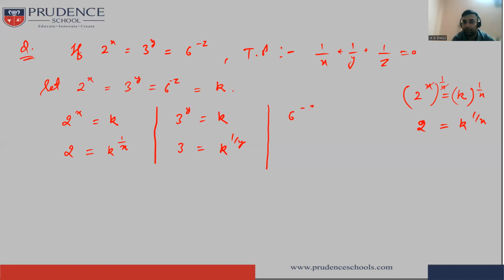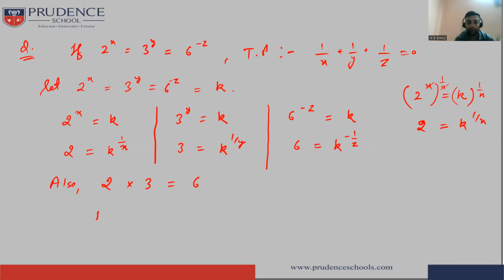Similarly, 6 raised to power minus z is equal to k. And if we take the power 1 by z, rather minus 1 by z, this will become k raised to power minus 1 by z. Now we know that if we multiply 2 and 3 we get 6. Also 2 into 3 becomes 6.